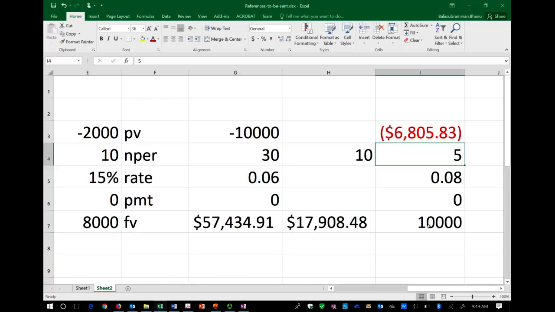You should be indifferent between the two, right. If I received $6,800 and $805.83 today, or $10,000 5 years from today, I should be indifferent if the interest rate is 8%. Is that clear?